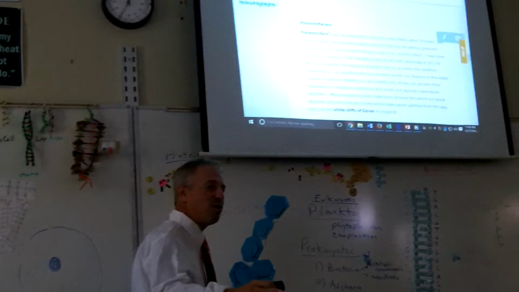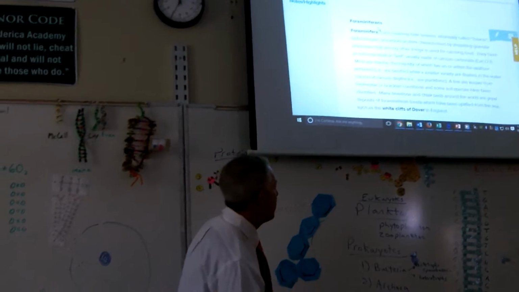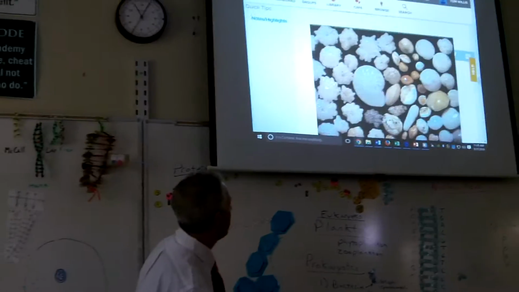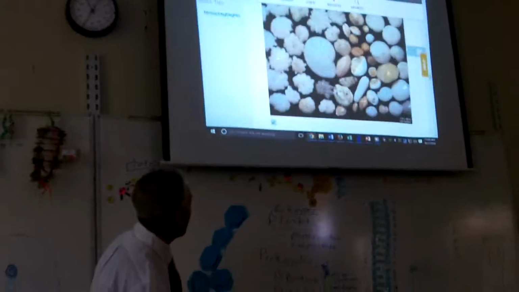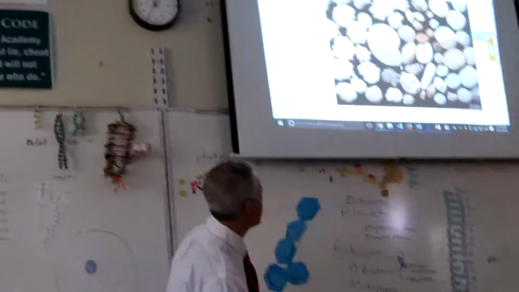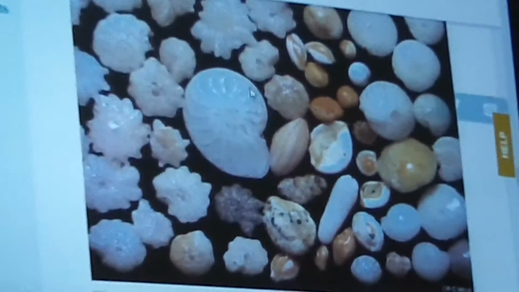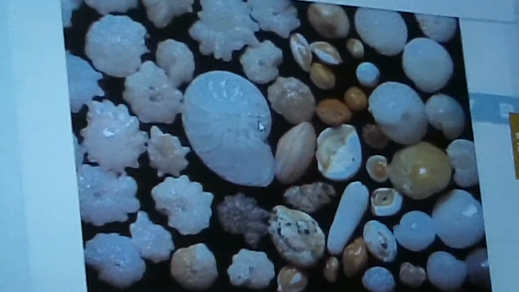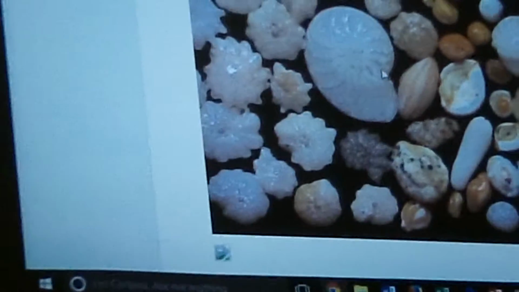You need to know the foraminiferans, and that's a fun one to say. Can you say foraminiferan? The foraminiferans are little cells that create a white-colored shell made of calcium carbonate. Calcium carbonate shells are white, just like the shells of any seashell you'd find.